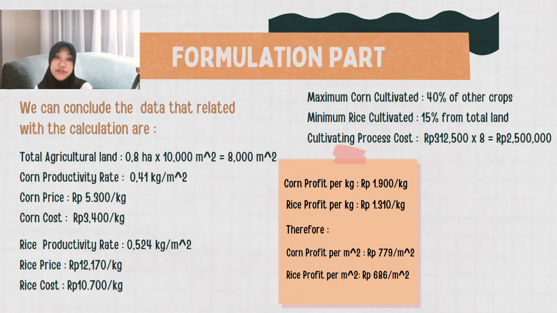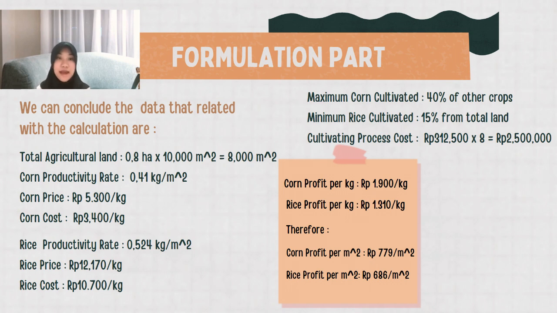For rice, the productivity rate is 0.524 kilogram per square meter, the price is 12,170 rupiah per kilogram, and the cost is 10,700 rupiah per kilogram.